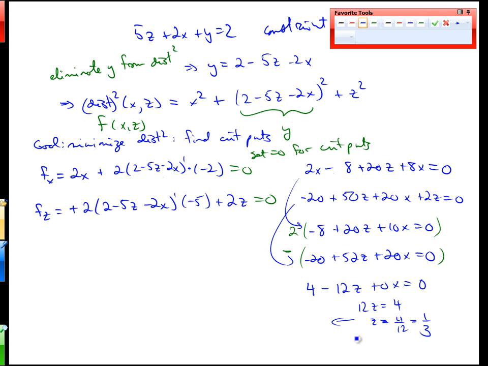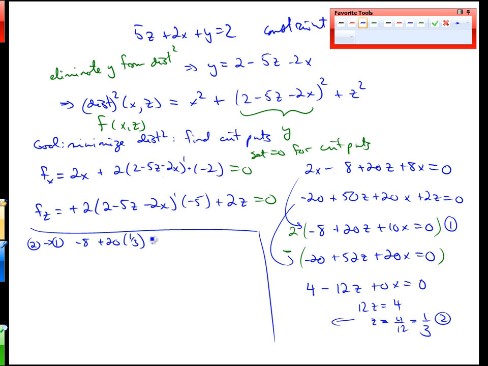So we have z, what else can we find? We can find x. Let's go back to, let's call that equation 1, we'll call that 2. 2 subbed into 1 tells us that minus 8 plus 20 times 1/3 plus 10x equals 0. 20/3 and 24/3 will have minus 4/3 plus 10x equals 0.